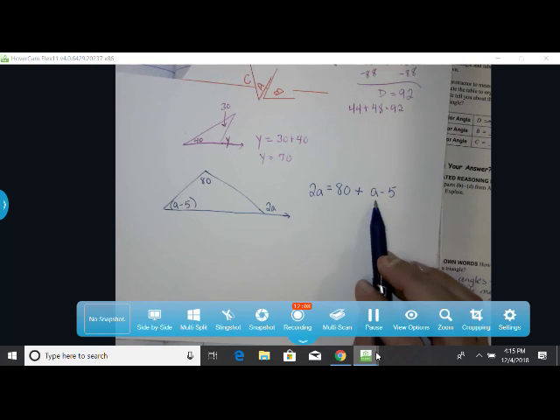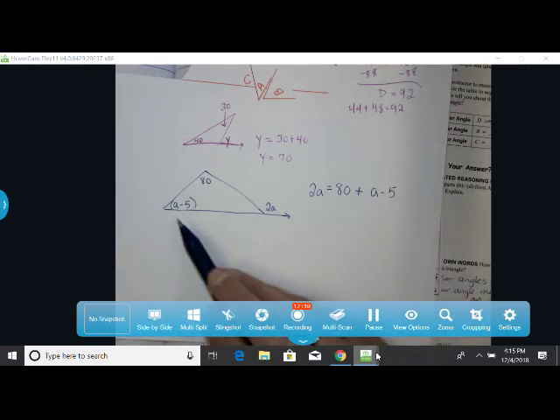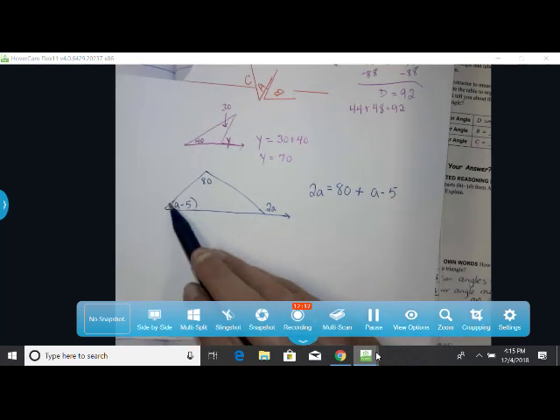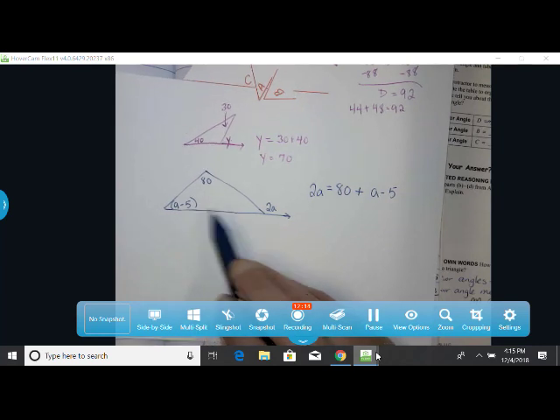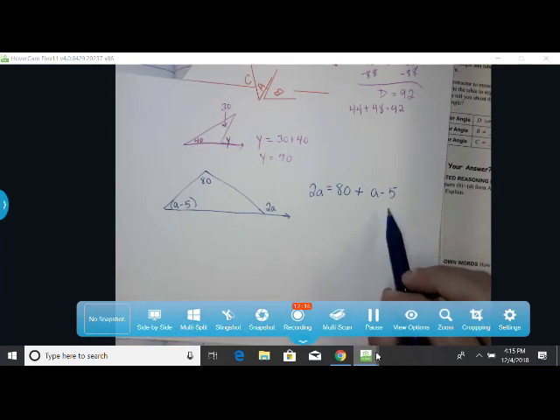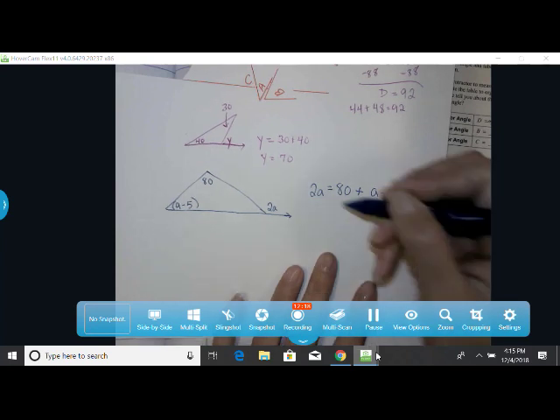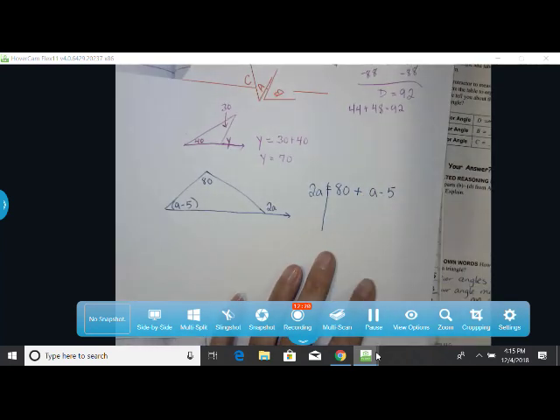I don't need to keep the parentheses any longer. This is just letting me know that that entire angle is A minus 5. If you keep the parentheses, you might think that there's some distributing that has to happen, and there's not. It's just addition.